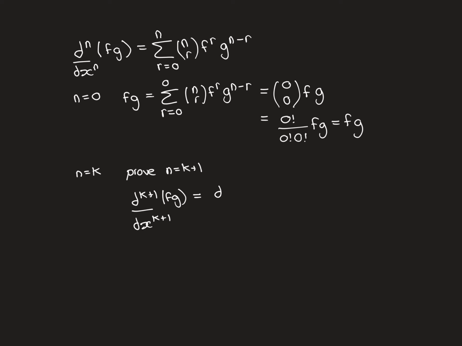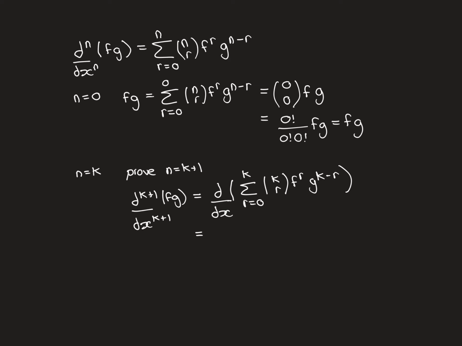So this is just going to be equal to the derivative of then the formula for n is equal to k. So from r is equal to 0 to k of k choose r, f^(r), g^(k minus r).